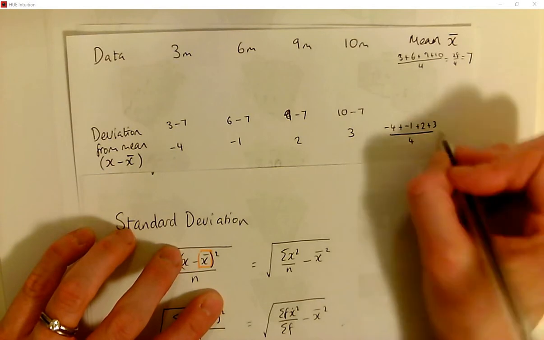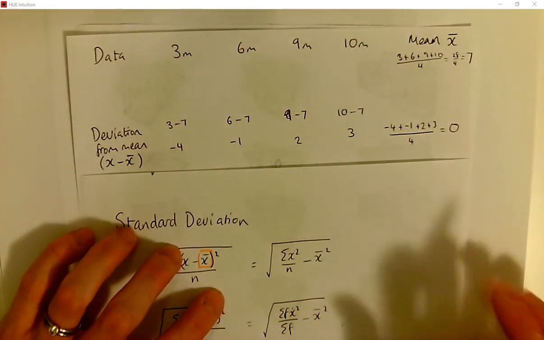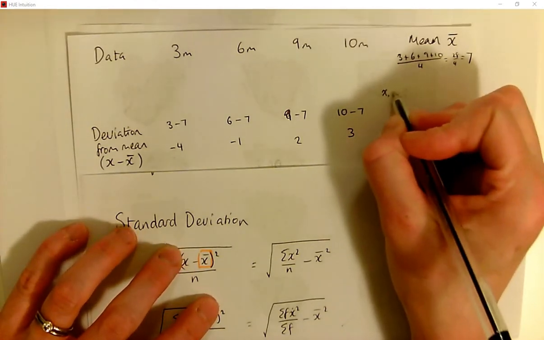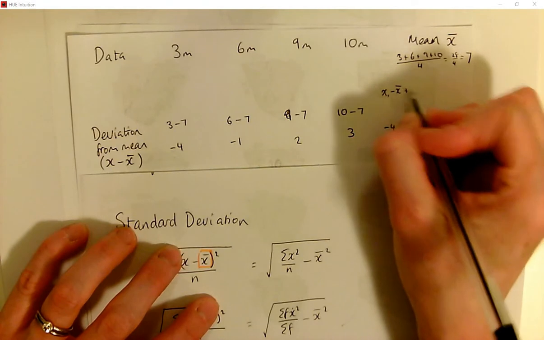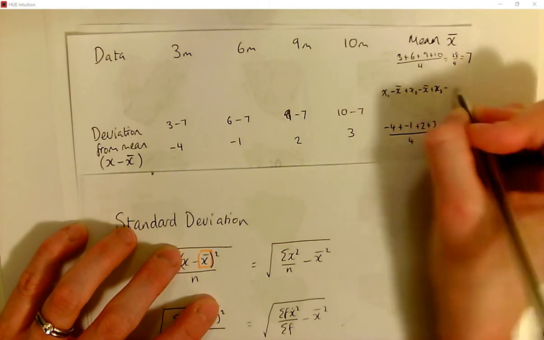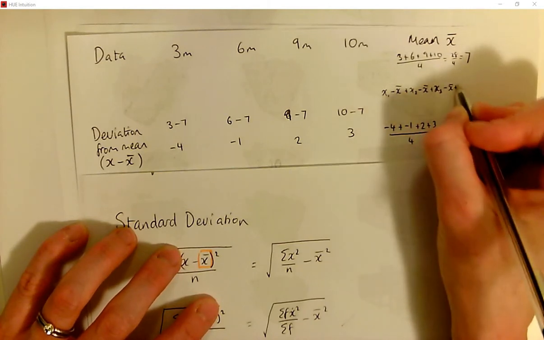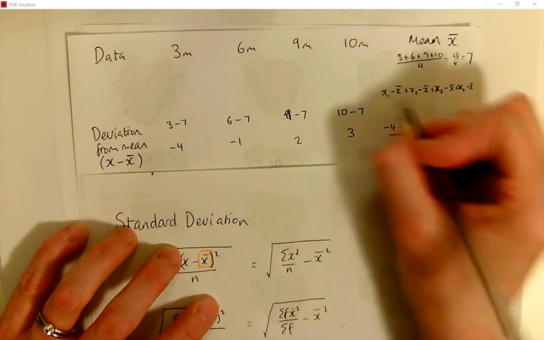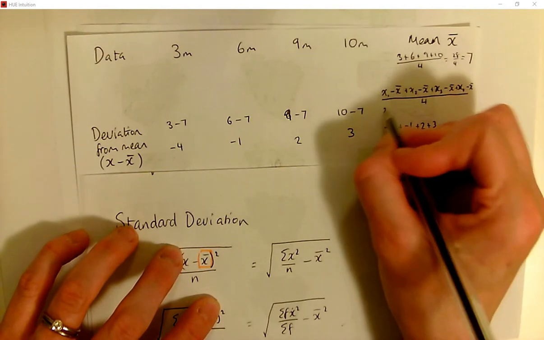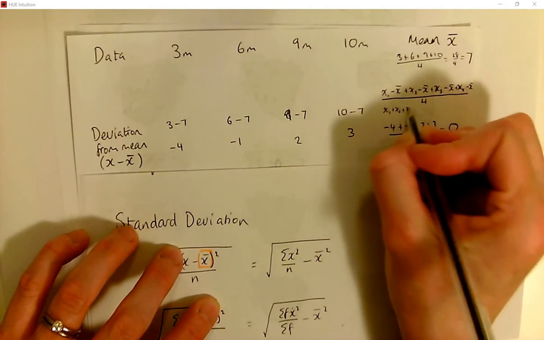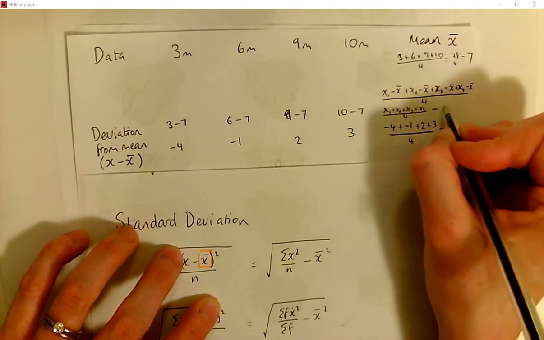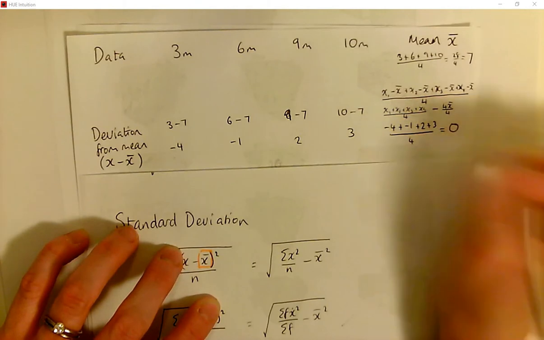Okay, but that will give us 0, and it will always give 0, because essentially we're doing the first data point minus the mean, plus the second data point minus the mean, plus the third data point minus the mean, plus the fourth data point minus the mean, and then we divide by how many there are. Now that's the same as getting x1 plus x2 plus x3 plus x4 divided by how many there are, minus 4 lots of the mean divided by how many there are.